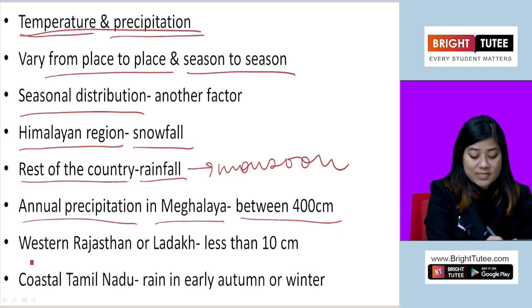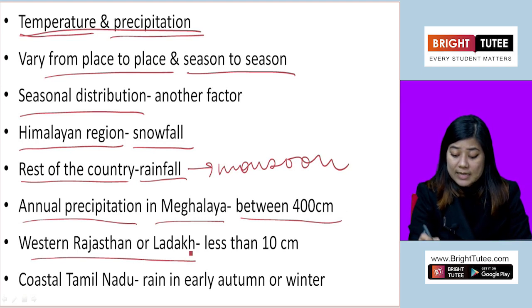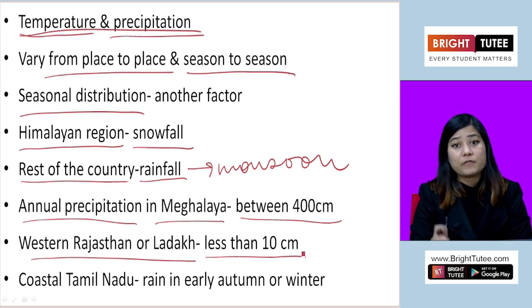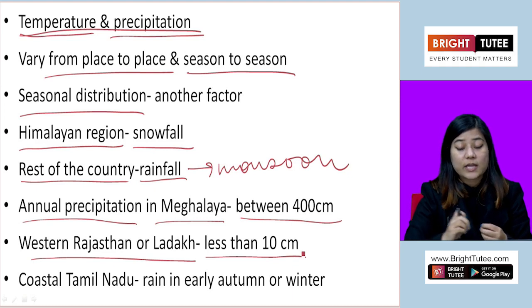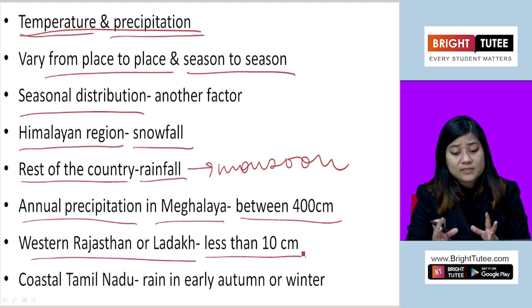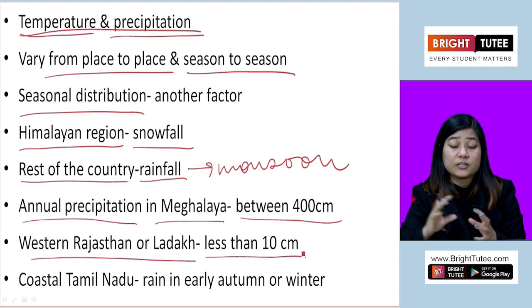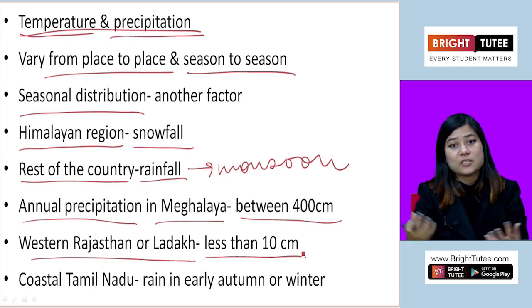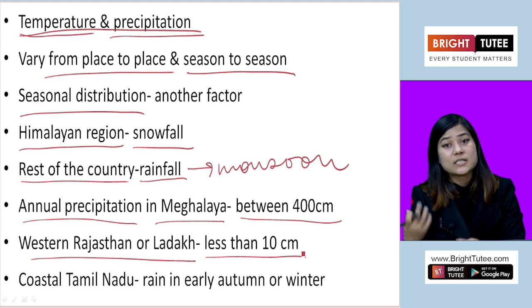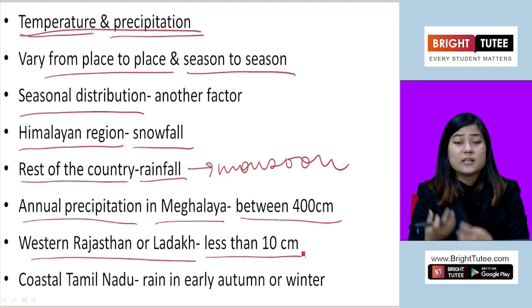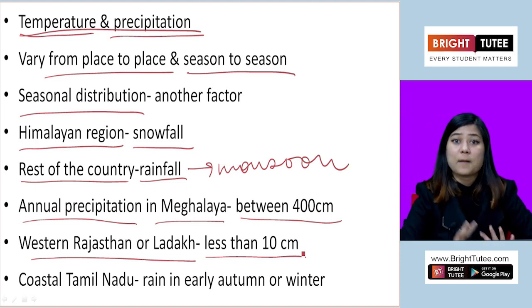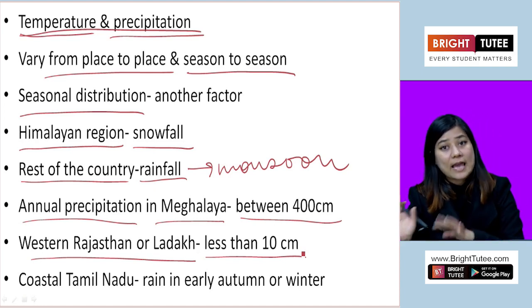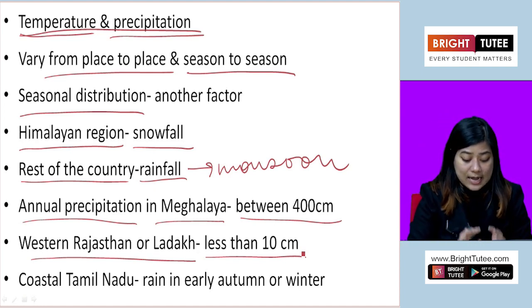But Western Rajasthan or the Ladakh area receives less than 10 centimeters of rainfall annually, which is very scanty. So you can see that according to how the regions are placed in different parts of our country, their seasons, temperature and precipitation also vary. Some receive snowfall, some rainfall, some heavy rain while others very little.